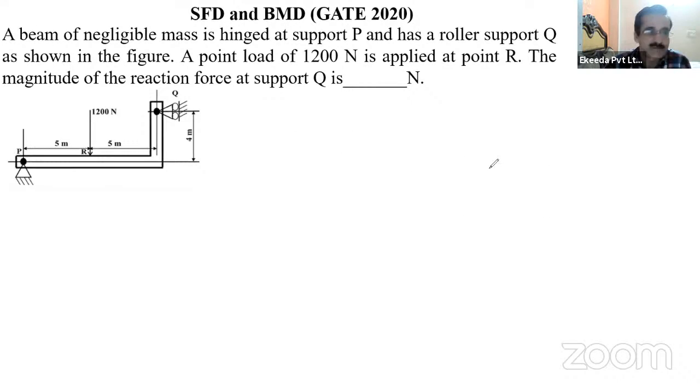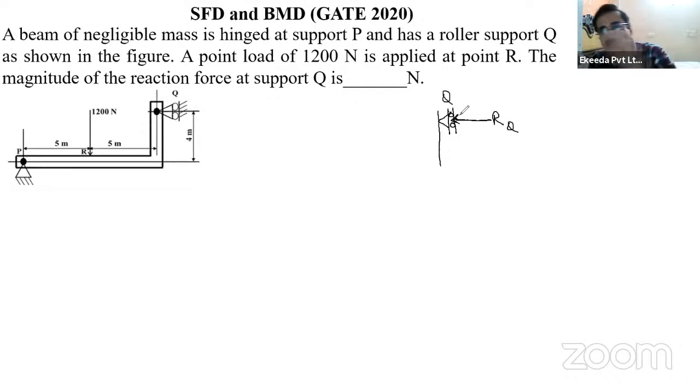Let us solve this question now. One is the roller joint, and now the roller joint is like this, right? So if it is like this, then the reaction will now become horizontal. At Q point, the reaction will be at this point, right?